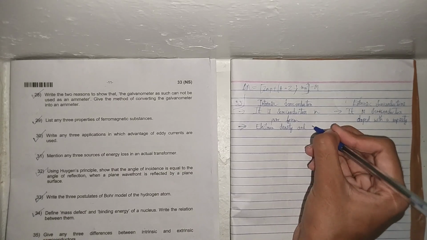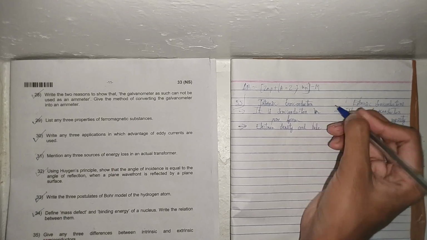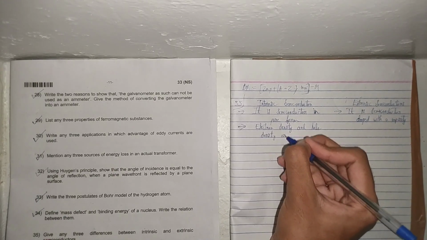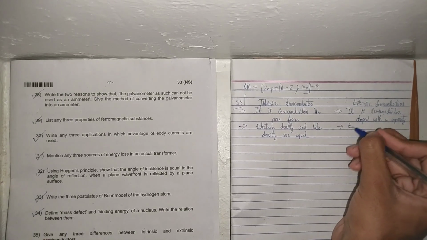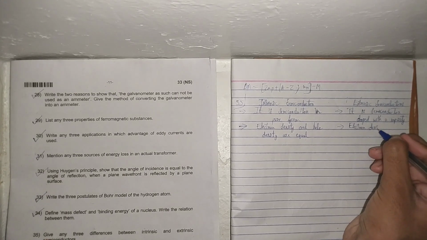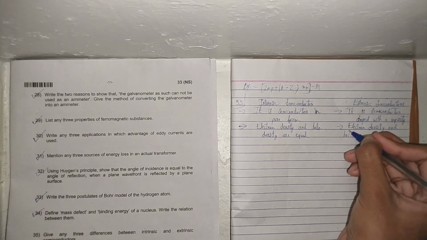In an extrinsic semiconductor, the electron density and hole density are not equal.